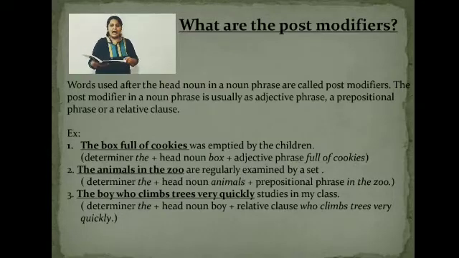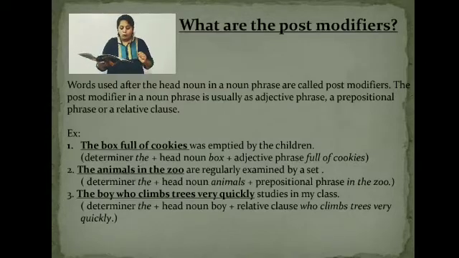Then we have an exercise: underline the post modifiers in a sentence. There are a total of 10 questions given. Please solve all these questions in your book itself, and here you have to underline the post modifiers. The first example is given: the boys sitting in that corner help me fill the form.